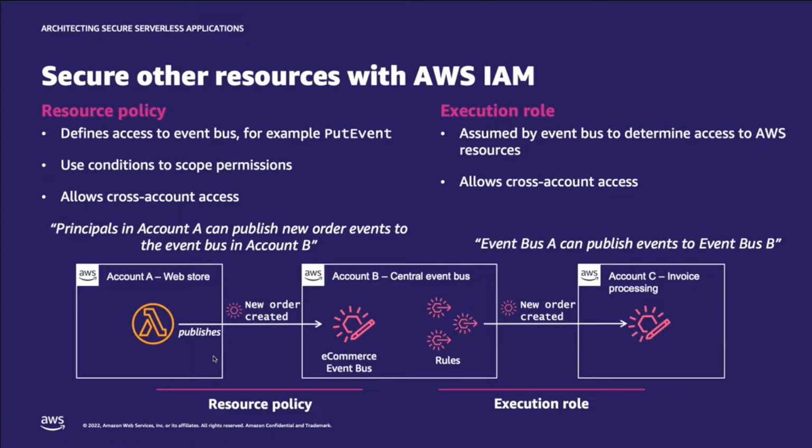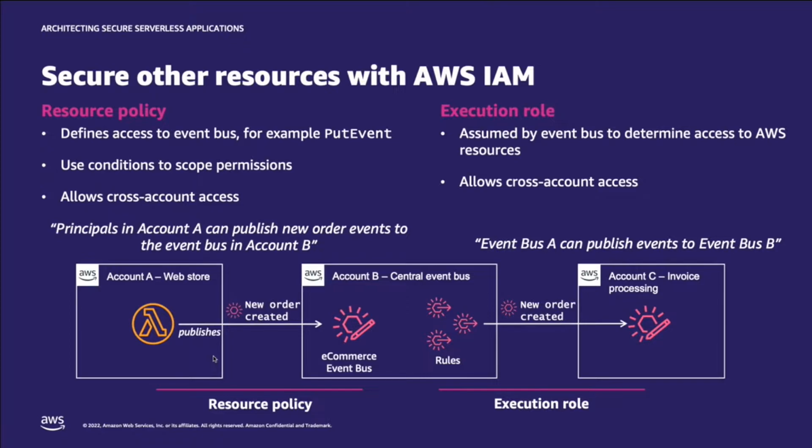So let's say we have events defined, and then we have this central event bus, and we need to communicate from an application in account A, and we need to create a new order in an invoice processing system in account C. So eventually we need to set up this central event bus and use a resource policy to define the access, and an execution role to be assumed by the event bus to determine access to AWS resources.